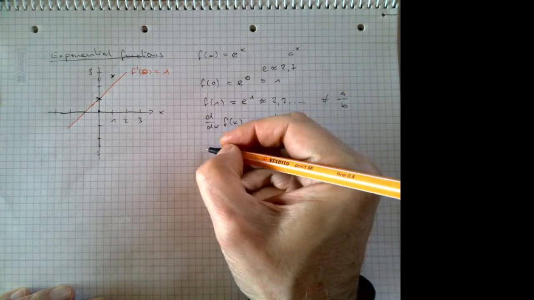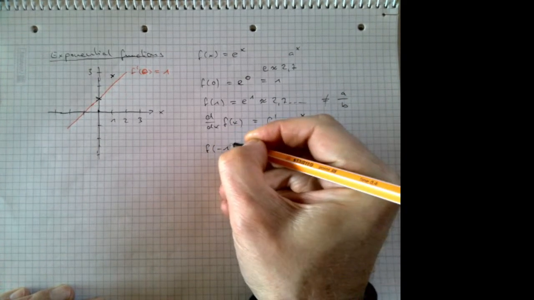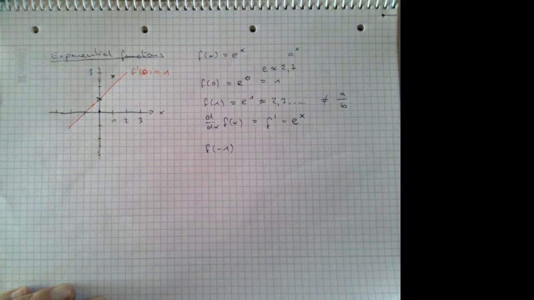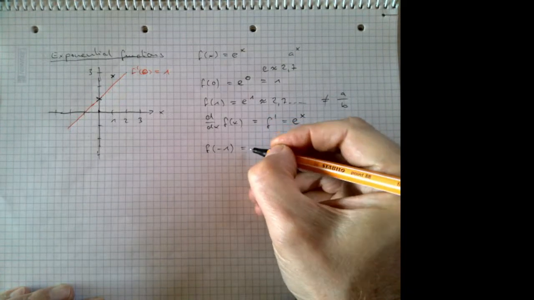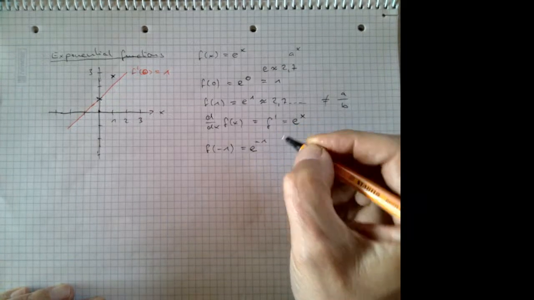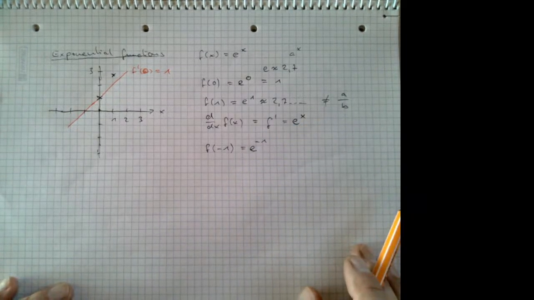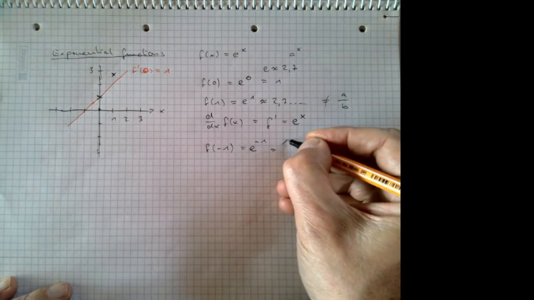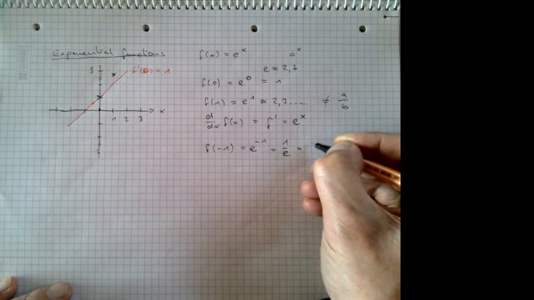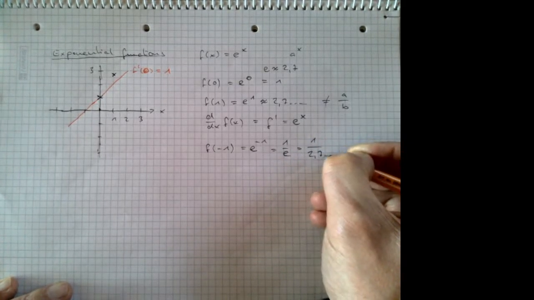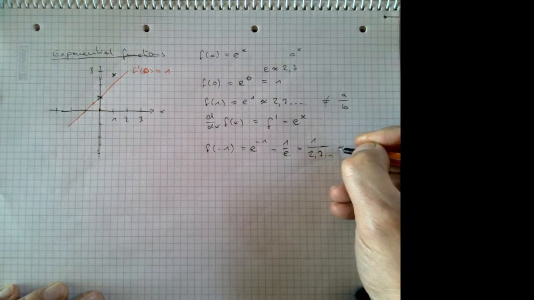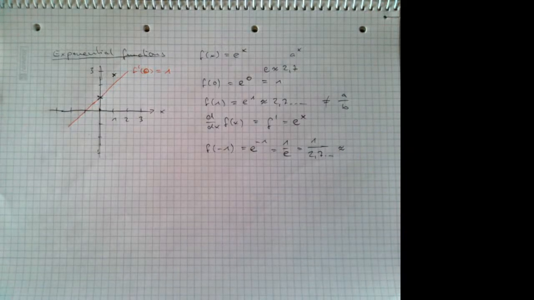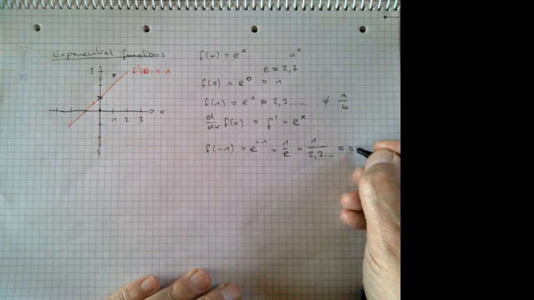We need another point. What is f of negative 1? It is e to the power of negative 1, right? How can I rewrite this? 1 divided by e, which is 1 divided by 2.7 something, right? How much is this approximately, or do you have a pocket calculator? 0.367.